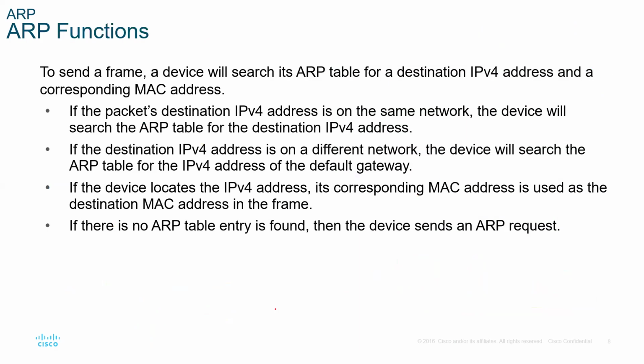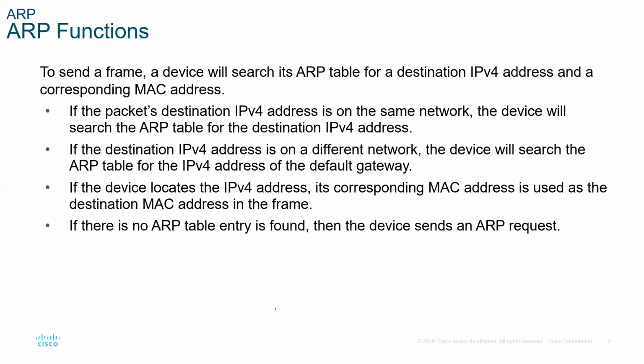Right, ARP functions to send a frame. A device will search its ARP table for a destination IPv4 address and a corresponding MAC. If the packet's destination is on the same network, the device will search the ARP table for the destination IPv4. If the destination IP is on a different network, the device will search the ARP table for the IP of the default gateway.